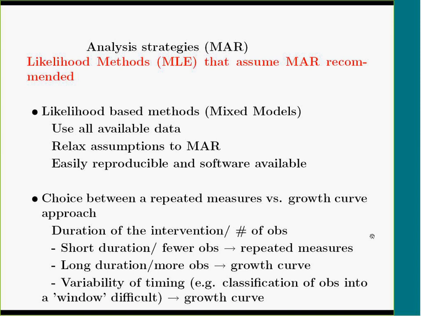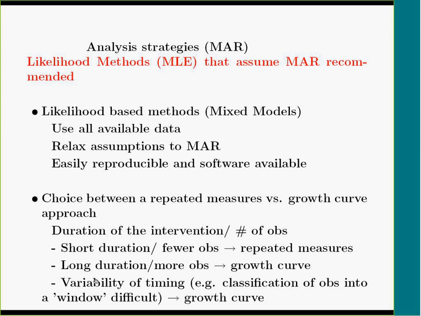There is one choice that you will make when you choose these models: one I refer to as a repeated measures model, and another is a growth curve approach. It depends on the duration of the intervention and the number of observations. If you have a short duration trial and fewer observations, you're probably going to be using the repeated measures type of structure.